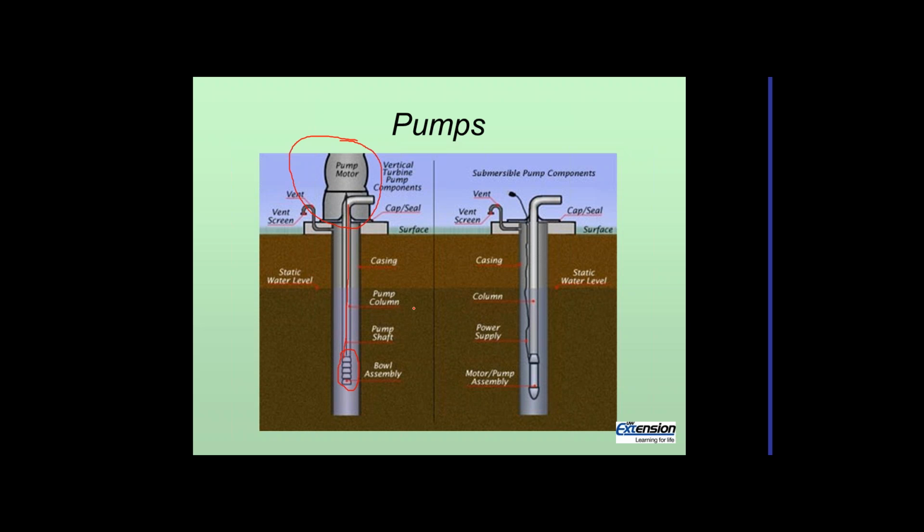I've got a slide in a minute that's going to show you some more details on that. The other is a submersible pump, which is very common in residential houses, where the pump is down in the well and we have the electric line running down to it. The pump is connected on the end of the pipe that brings the water to the surface.